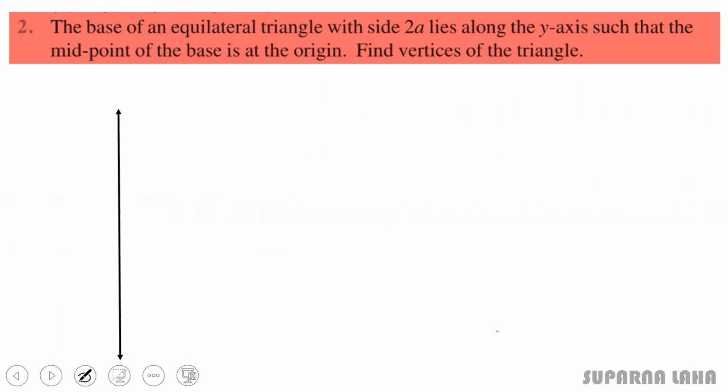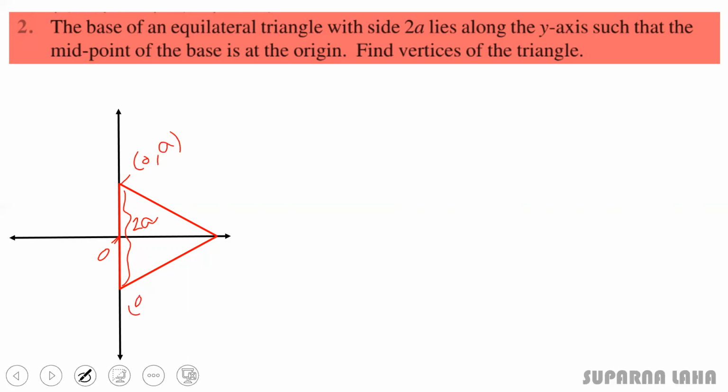Okay, so if we take this as x and y-axis and draw the triangle like that, this distance is given 2a, and this is its midpoint, origin O. So that means this point is 0, a, and this point is 0, -a. Right? This 2a length is divided into two parts, half portion is a and another portion is a.